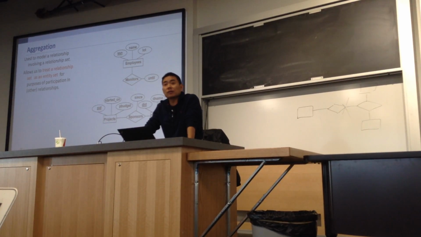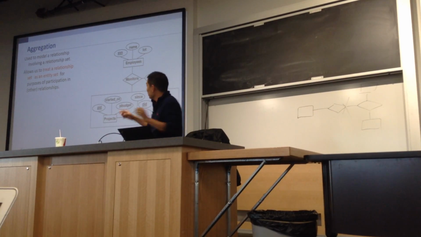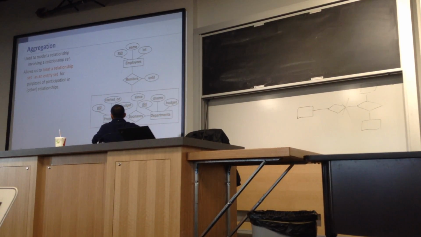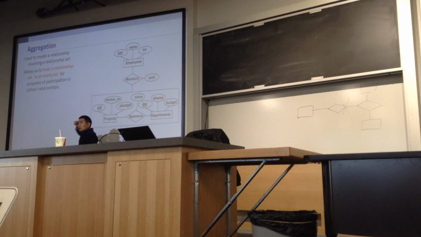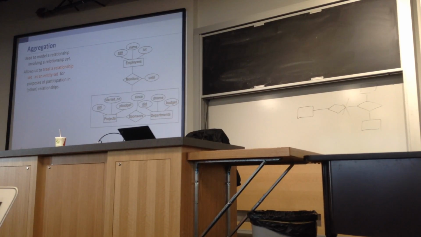Well, ER introduced a particular component called aggregation. The way you do that is you introduce a dotted box that surrounds the whole relationship set and the participating entity sets.